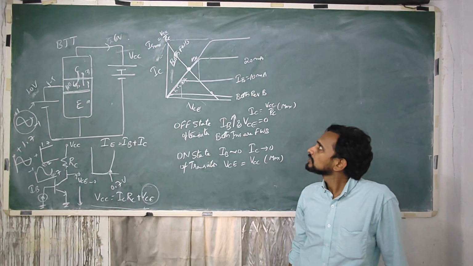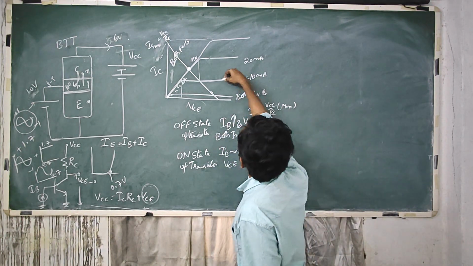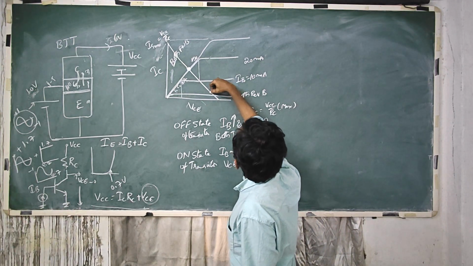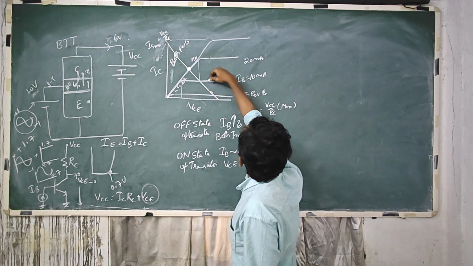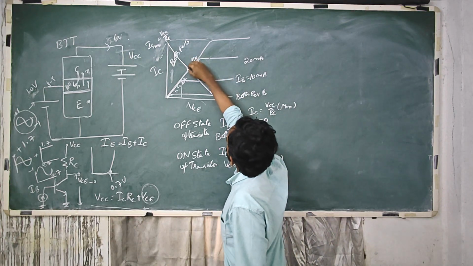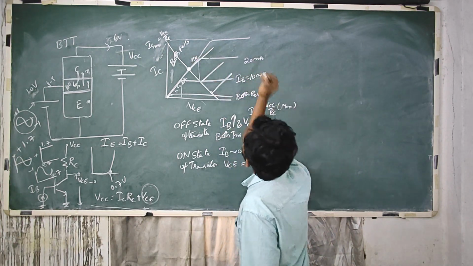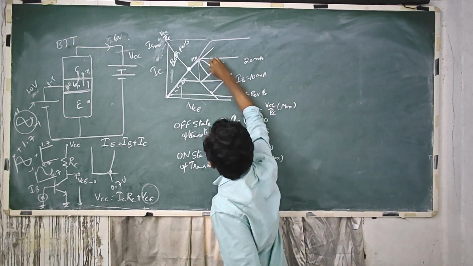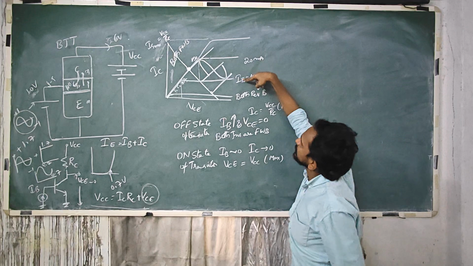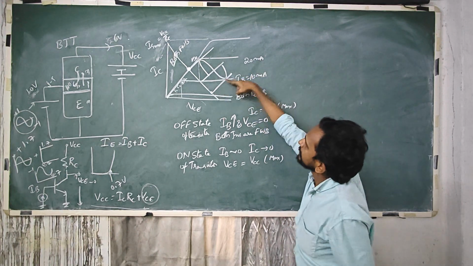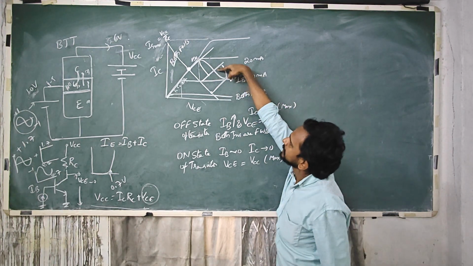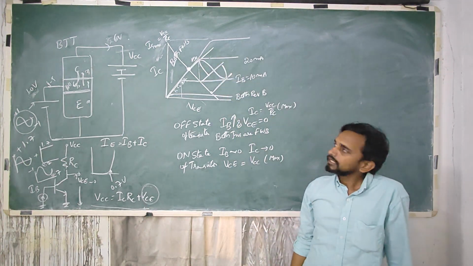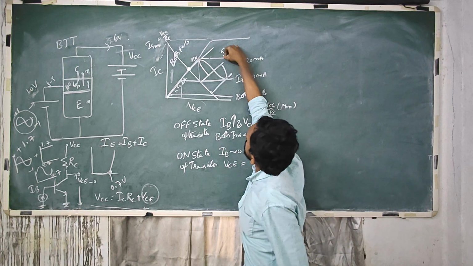Now what is my condition? Whatever IB value is changing, from above 0, 10, 20, where should I give my input signal? This is my input signal. Here IB is near 0 and it is varying 10, 20.